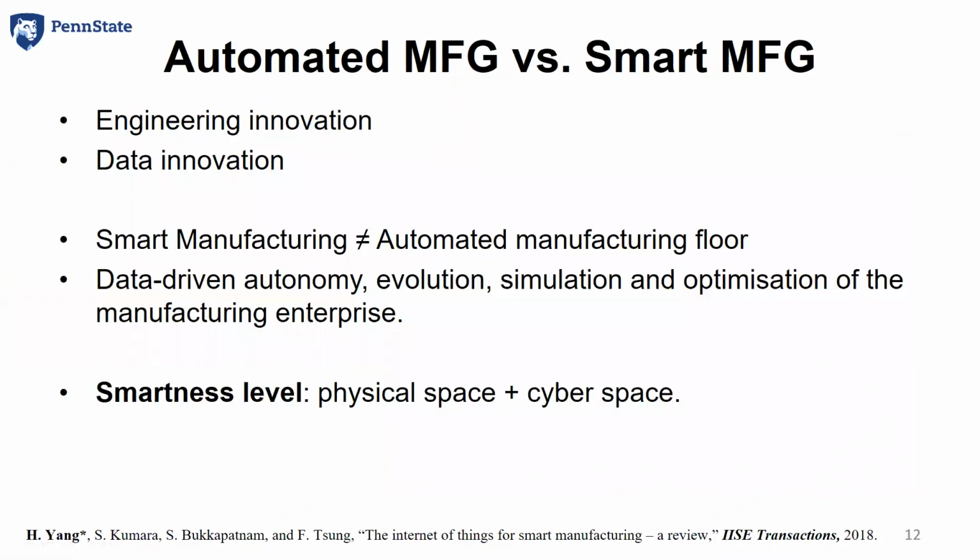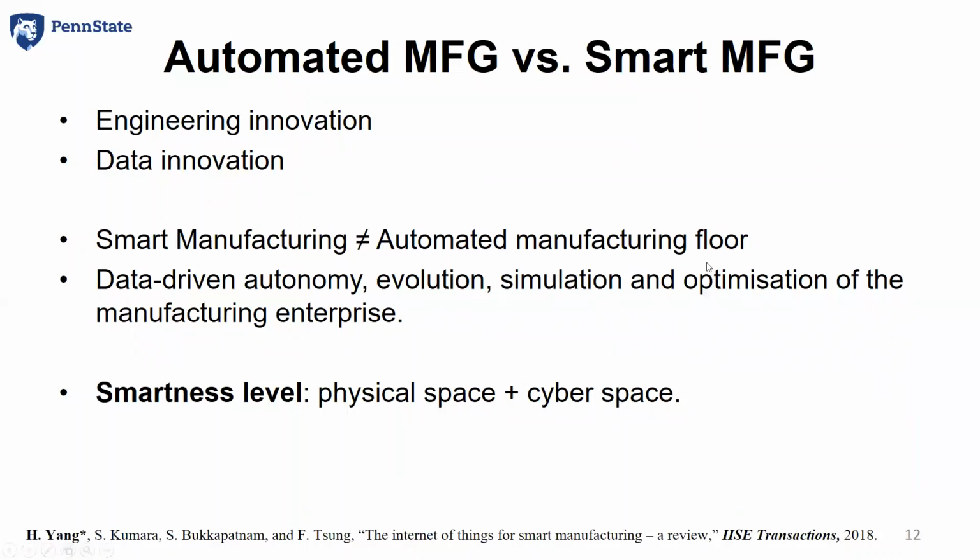Twenty years ago, we had automated manufacturing, right? High-level automation is used by General Motors, Ford, and all the big automotive manufacturers, and we had engineering innovations. So what is the difference between automated manufacturing and smart manufacturing?